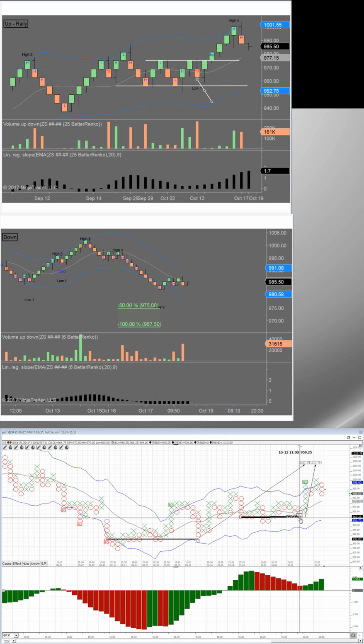Always happens. See that? It's really 12. I have to draw it. Let's see. That's 12. Anyway, so it's about 1,017, 1,015 in that area. So there might be a pullback here, which is cool.